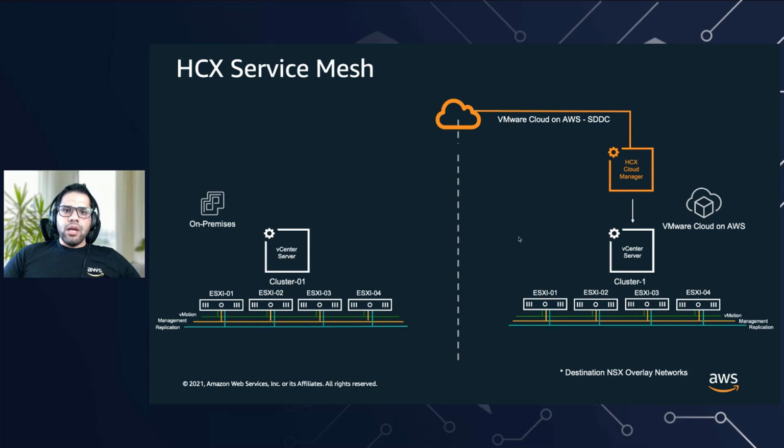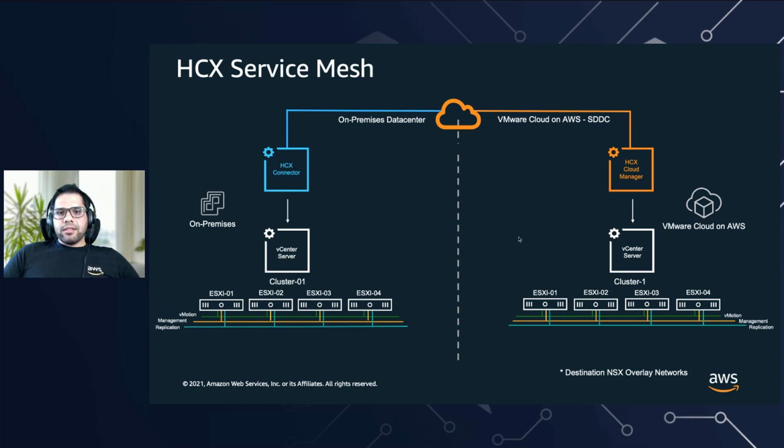Once the HCX Cloud Manager is deployed, we then download the HCX Connector virtual appliance and deploy it in the on-premises, connecting it with the on-premises vCenter server. The two sites are then paired over the internet or Direct Connect. So again, here you can choose to do this over the internet or using Direct Connect.